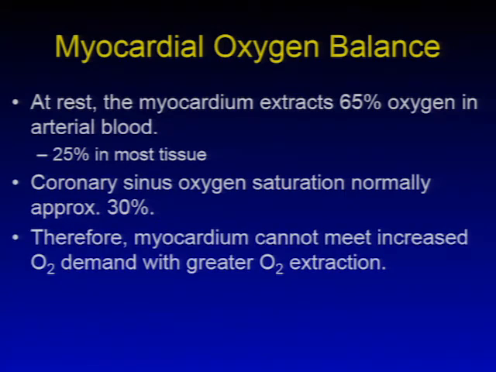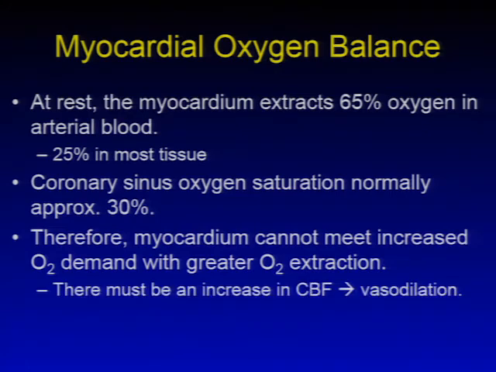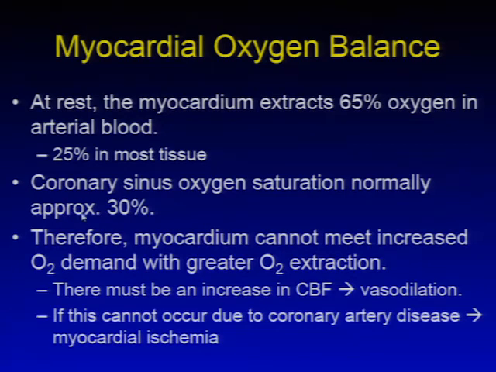Therefore, the myocardium cannot meet increased O2 demand with a greater O2 extraction. The only way there can be an increase in oxygen delivery to the myocardium is an increase in coronary blood flow or vasodilatation. And you can see that if this cannot occur, especially in the face of coronary artery disease, myocardial ischemia will ensue.